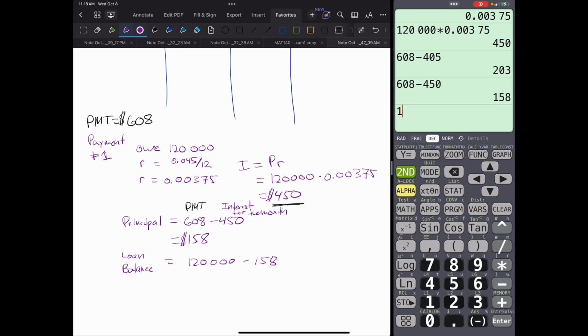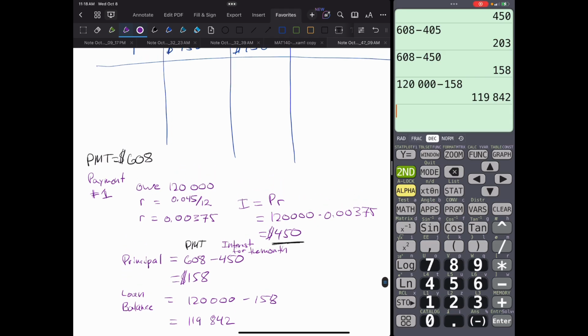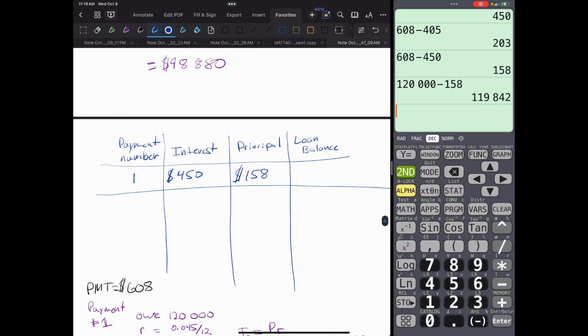So 120,000 minus 158, I get 119,842. And so up here, I put in 119,842.